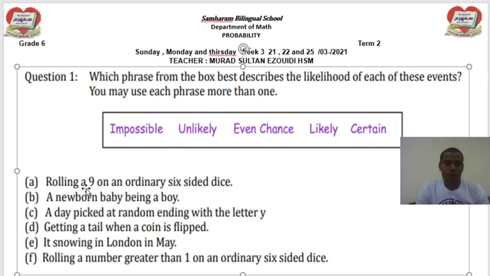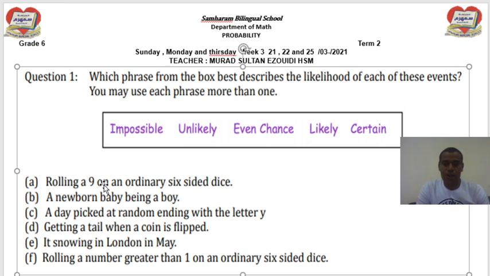Sub question a: rolling a 9 on an ordinary 6-sided dice. For example, here we have a 6-sided dice. It has numbers 1, 2, 3, 4, 5 and 6. So the number 9 does not exist.